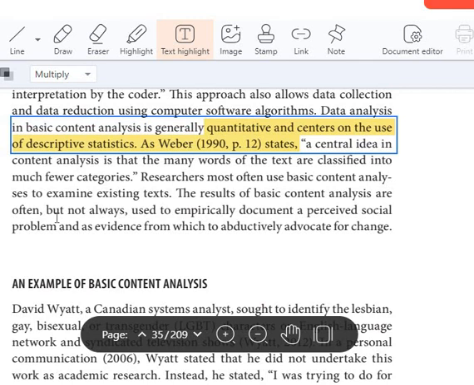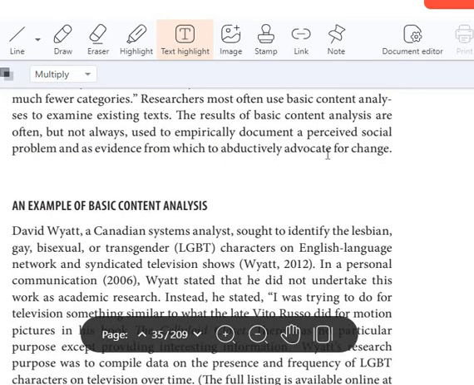Give me an example on basic content analysis. Here it says that we use it mainly for social work, as I have previously mentioned, because there's a certain problem in society that I want to focus on and try to find solutions for.